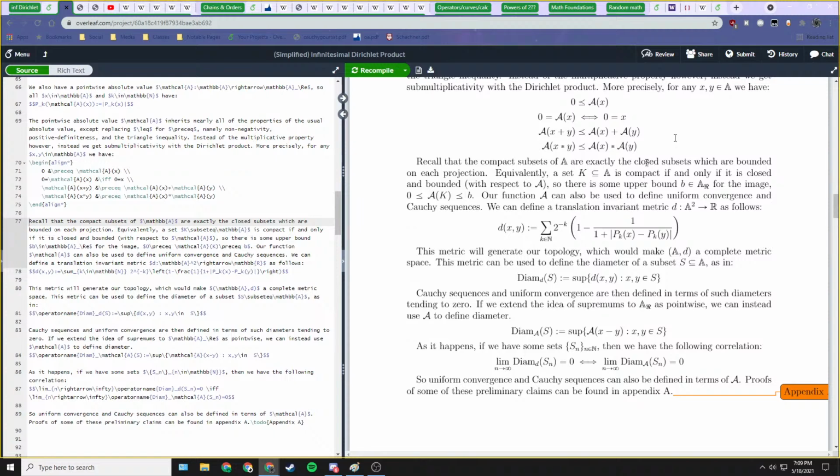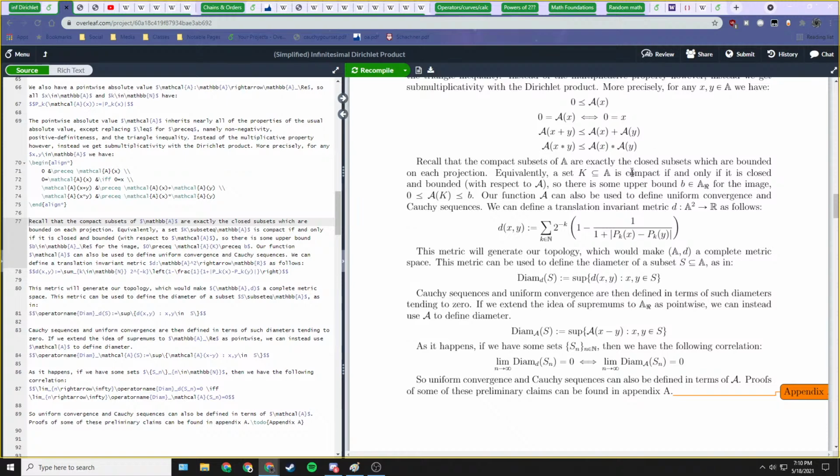The reason is that our distance function doesn't play very well with our Dirichlet product. This is a distance function that we might use if we were going to use one, but there's no real indication that it would play nice with the Dirichlet product, or give us useful approximations.